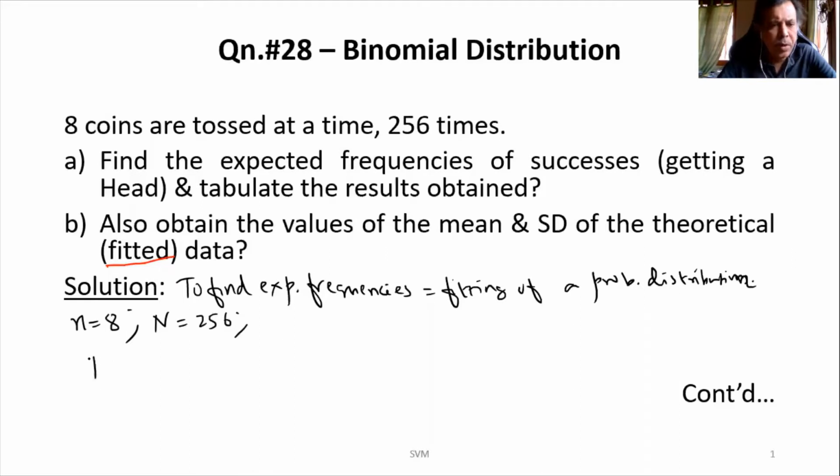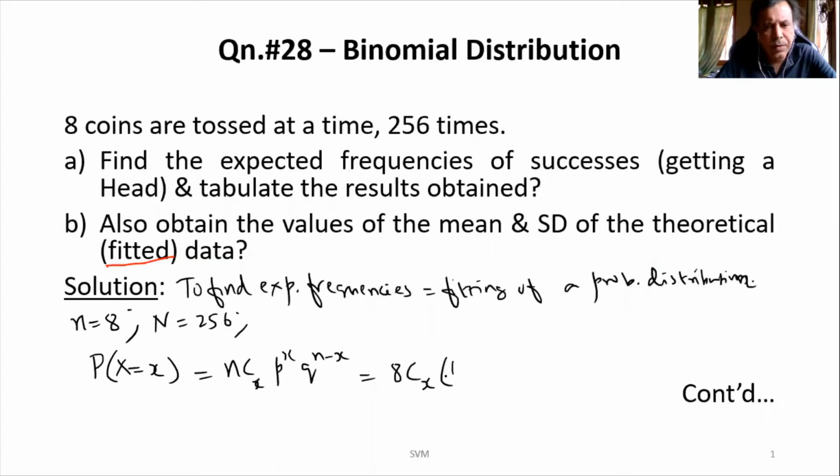So the probability mass function of a binomial distribution will be nCx, p to the power of x, q to the power of n minus x. I can rewrite this as 8Cx. For a tossing of a coin, the probability of success will be half, and failure also will be half.